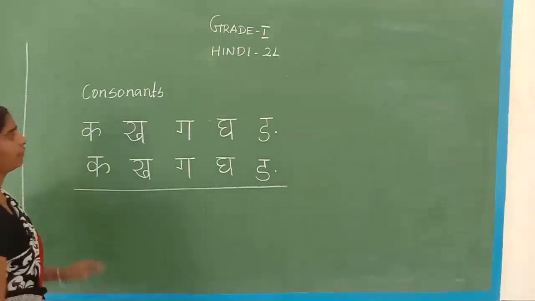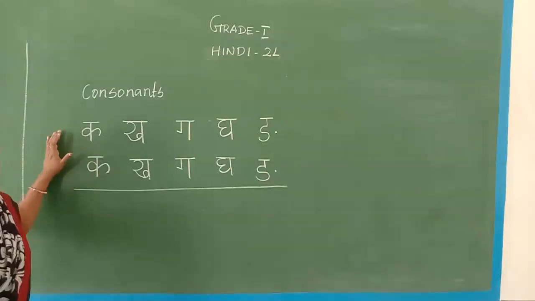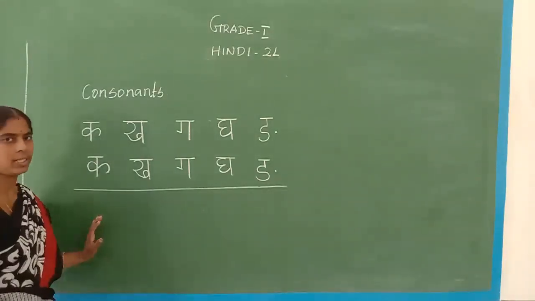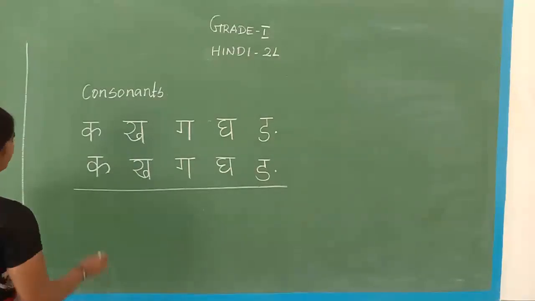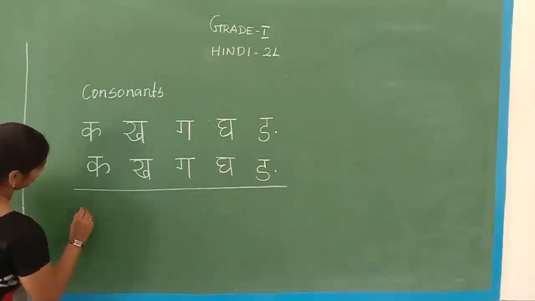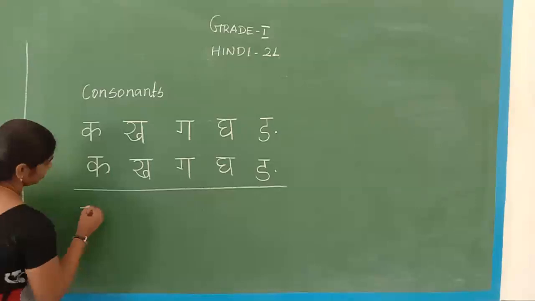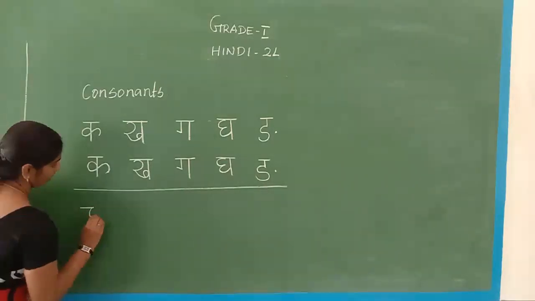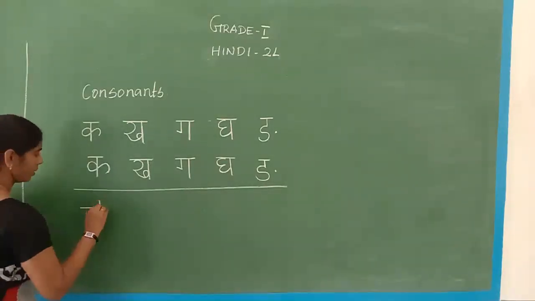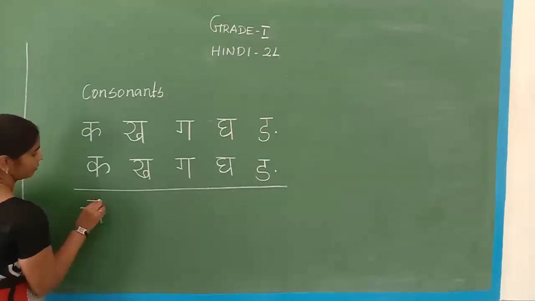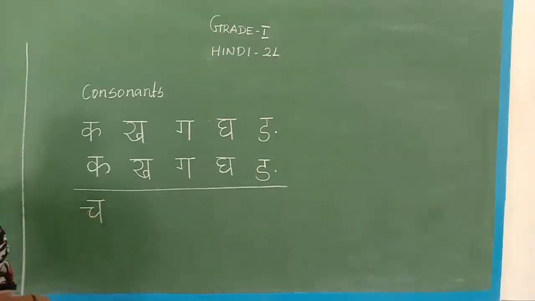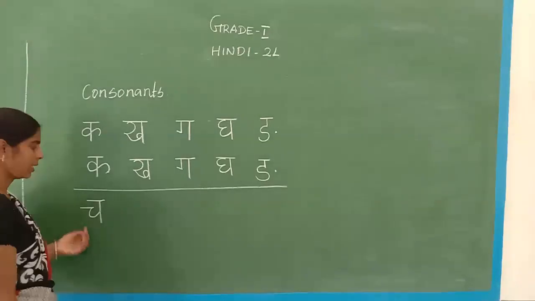Today we want to see only two lines, the ka line and the cha line. Shall we see the cha line? Okay. First, like this, and one curve, one line after, top of the line. What is this letter? Cha.